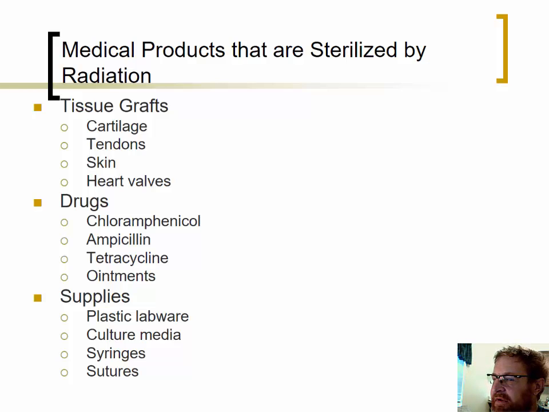The tissue graft might be a little bit obvious, but if you were to heat any of those tissues to try to get sterilization, you would probably cook that tendon or something, and that obviously wouldn't be functional anymore once you cook the meat.